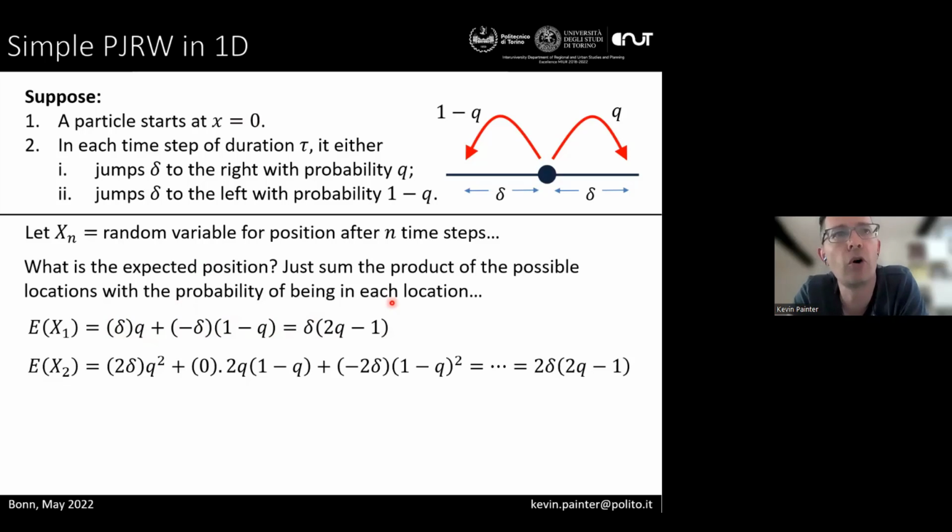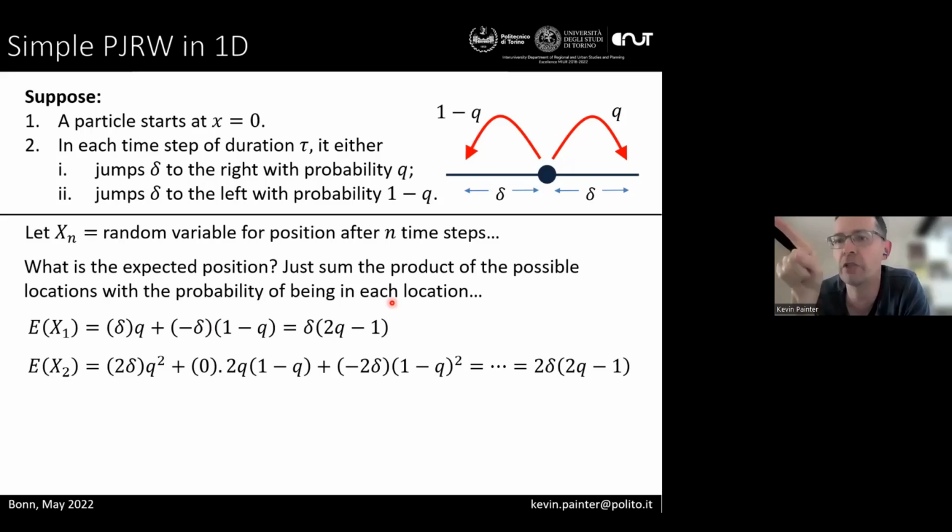Let's do this for 2 time steps. Well, in this case, after 2 time steps, you're jumping every time step. So now you've got 3 positions that you could be in. You could be at position 2 delta, you've done 2 right jumps. You could be at position minus 2 delta, you've done 2 left jumps.